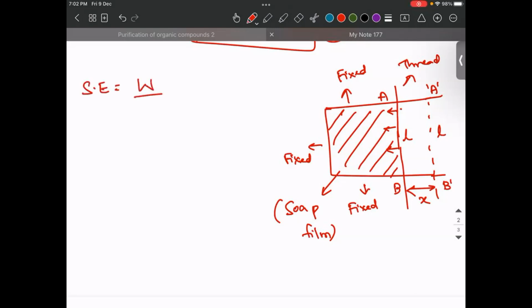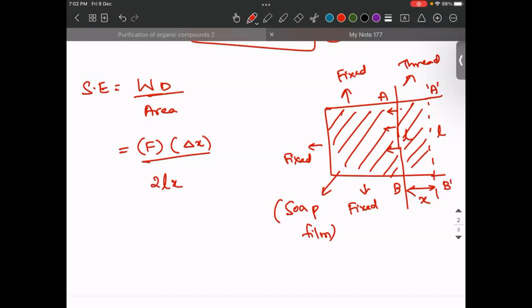Surface energy is basically the work done per unit increase in area. So work done is force into displacement, divided by the increase in area, which is L into X for one surface. There are two free surfaces, so it will be 2L into X.